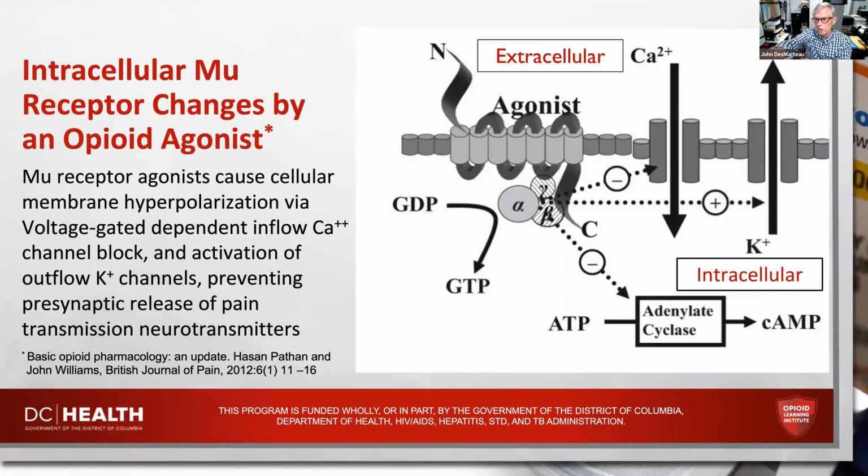You can see Ca2 plus, the inward arrow, that the agonist is binding to the receptor on the cell wall, and it blocks the outflow of potassium. The end result is that the cell becomes hyperpolarized, and because it's hyperpolarized, pain neurotransmitters are not released. So that's how it works for pain relief.